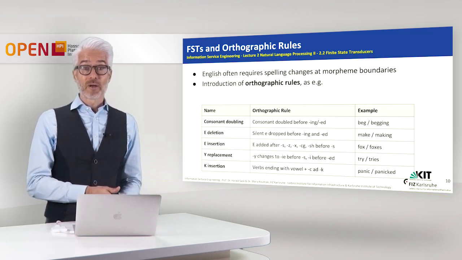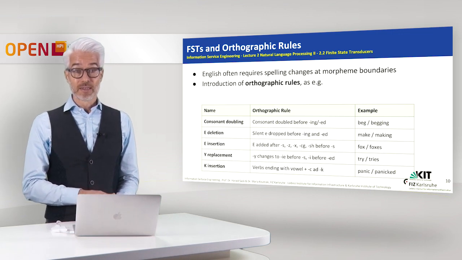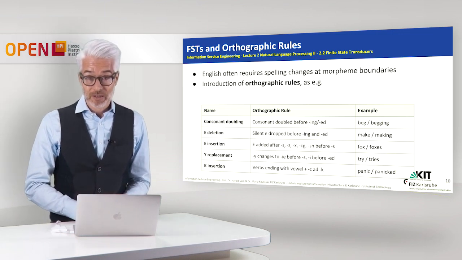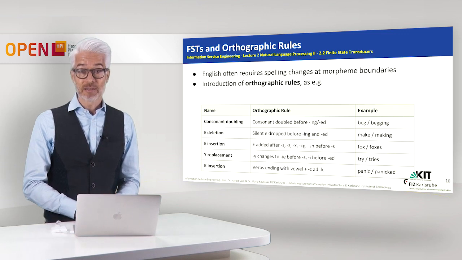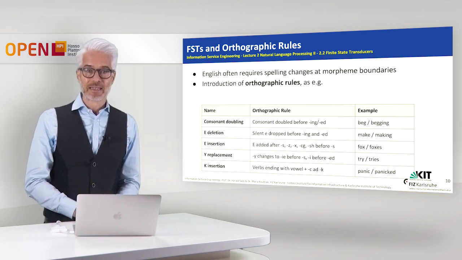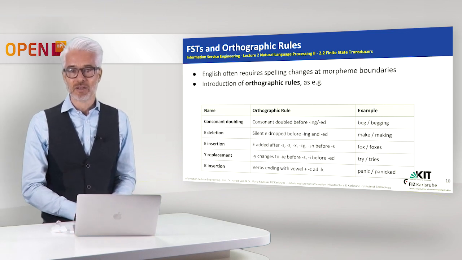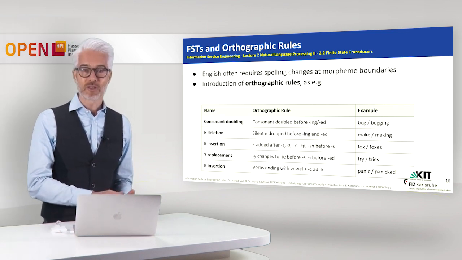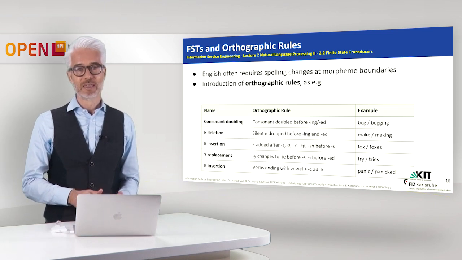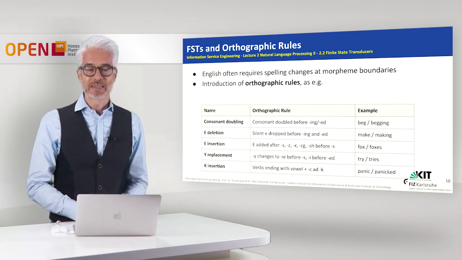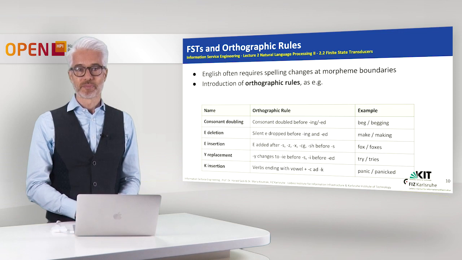On the other hand, for certain nouns you have an E insertion. So E is added after consonants like S, Z, X, or C, G, or SH, before the plural S. So fox becomes foxes. You do not simply add an S for the plural.